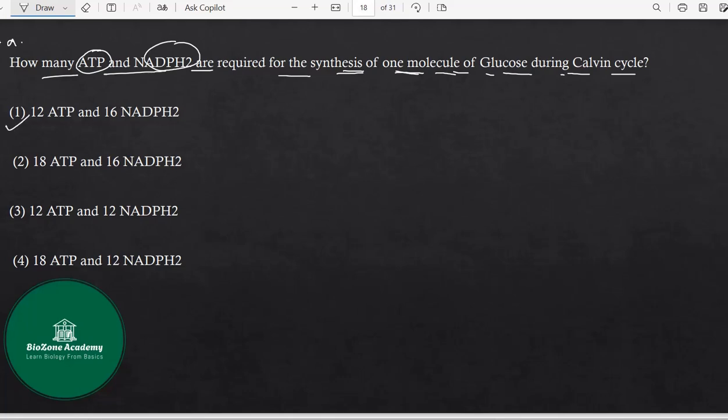The options are: 12 ATP, 16 NADPH2; option 2, 18 ATP, 16 NADPH2; option 3, 12 ATP, 12 NADPH2; and option 4, 18 ATP and 12 NADPH2. The correct answer is option 4, 18 ATP and 12 NADPH2.